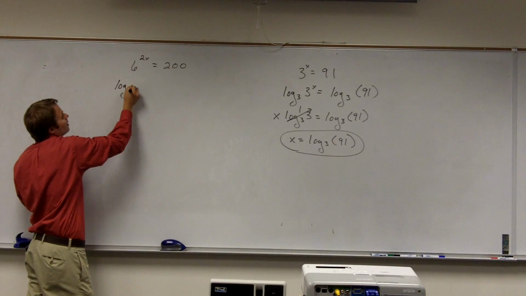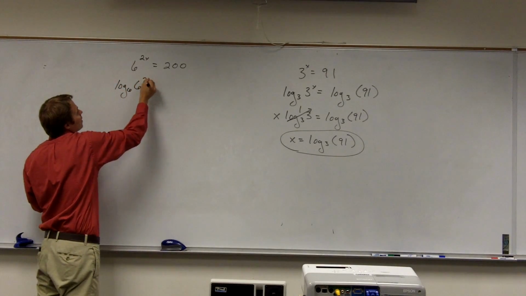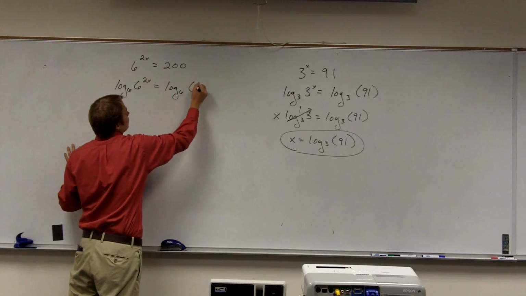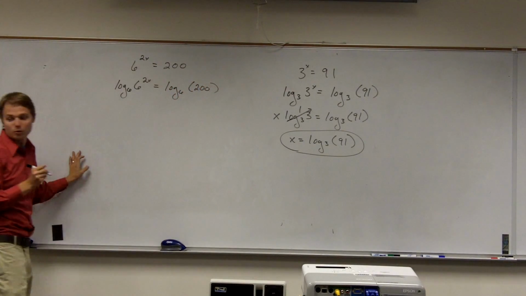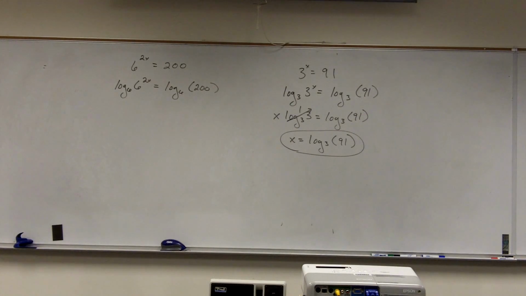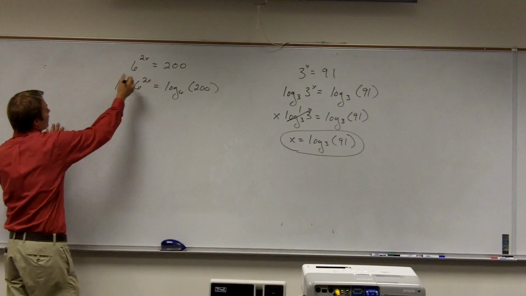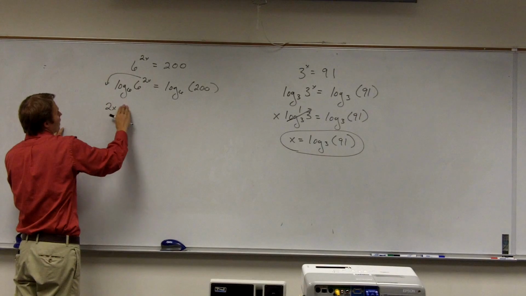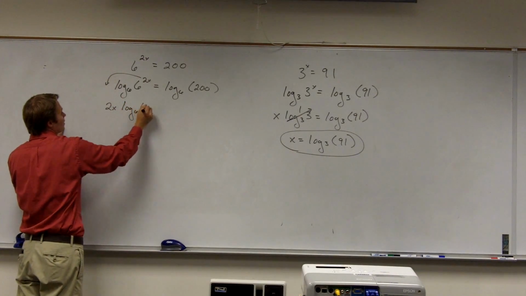So this will be log base 6 of 6 to the 2x is equal to log base 6 of 200. And then I can bring down the 2x to the front. And I'm left with log base 6 of 6 right here.